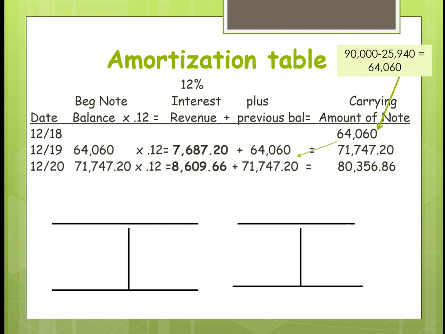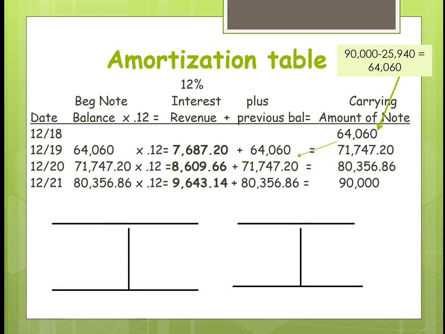We're going to take that times 12% the next year. We get interest of $8,609, plus $71,747 gives us a balance of $80,356. And then our last year, we would just do a plug, and in this case it comes out to $9,643.14, the amount of interest we would book.